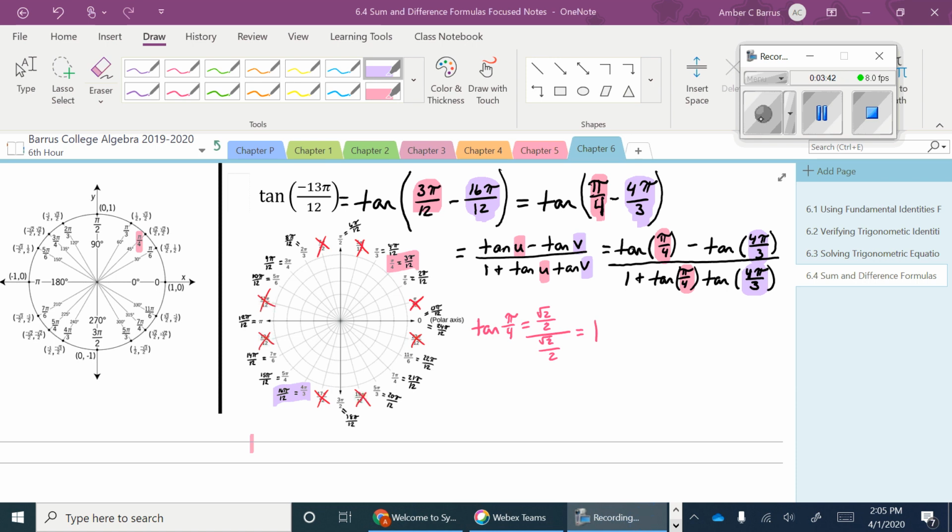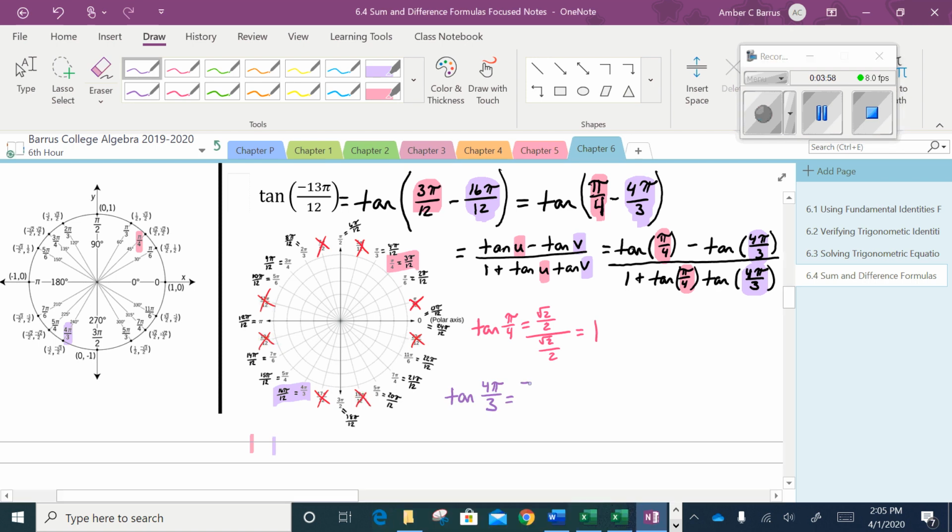Looking at the 4 pi over 3 spot, we see that our tangent would have negative radical 3 over 2 divided by negative 1/2. And by doing a little keep, change, flip, we see that our answer is going to be a positive radical 3. And so we can go ahead and we can plug those in now.